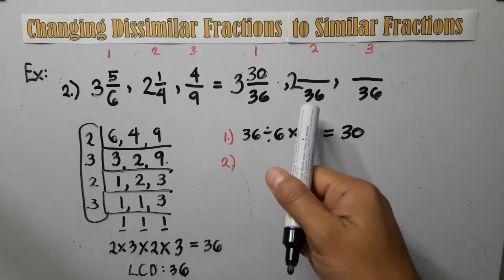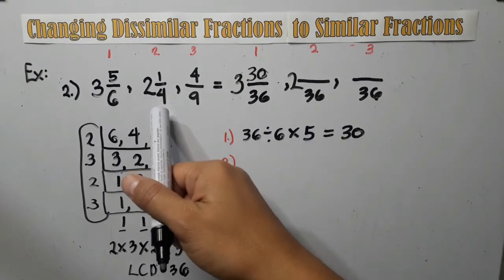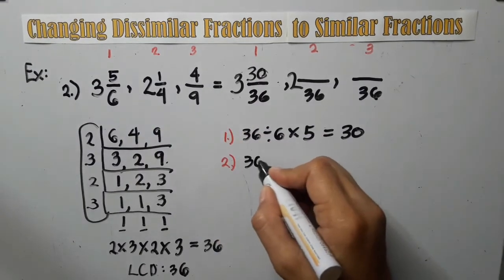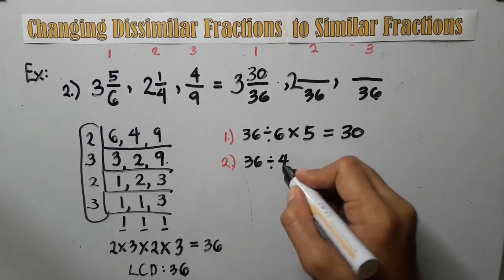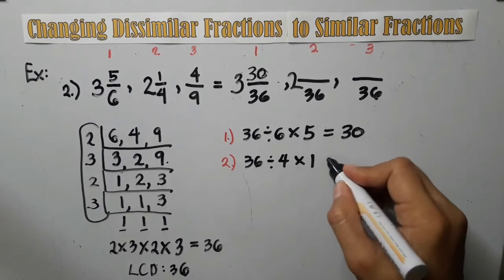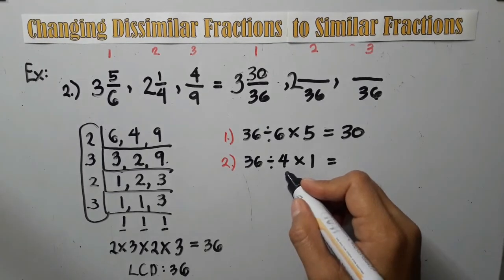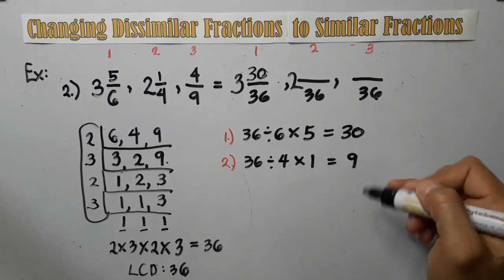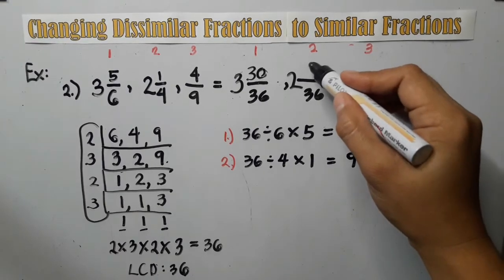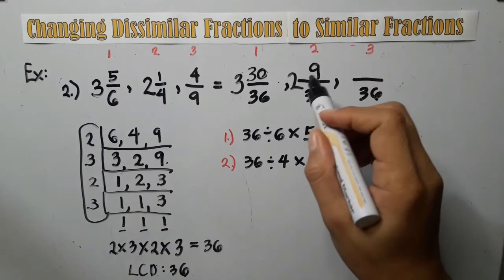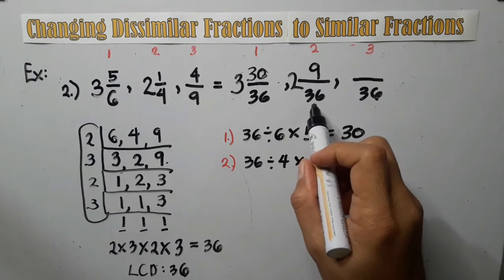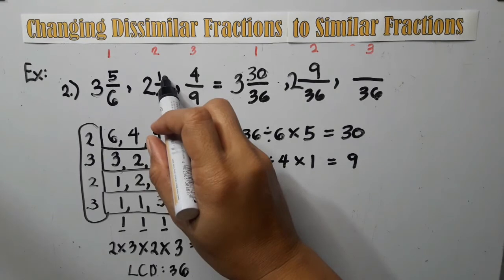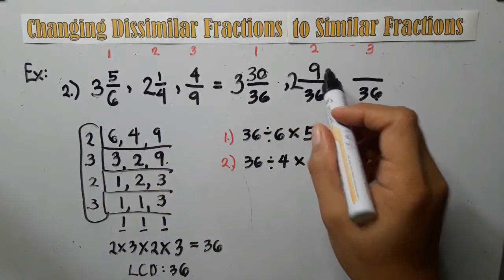So, that is 36 divided by 4 times 1. 36 divided by 4 is 9 times 1. So, the answer here is 9. How did we get 9? That is 36 divided by 4 equals 9 times 1. So, the answer is 9.